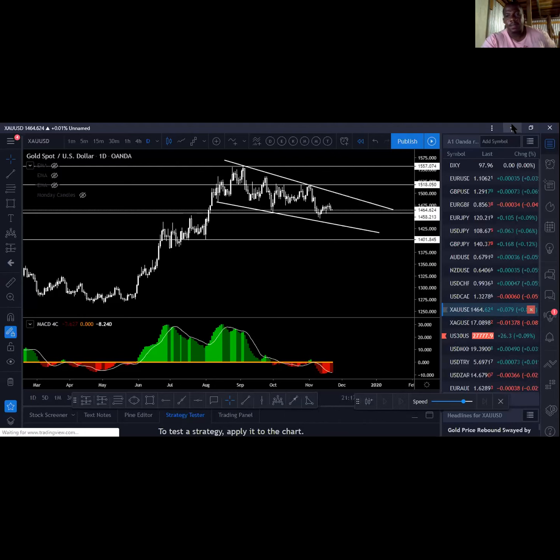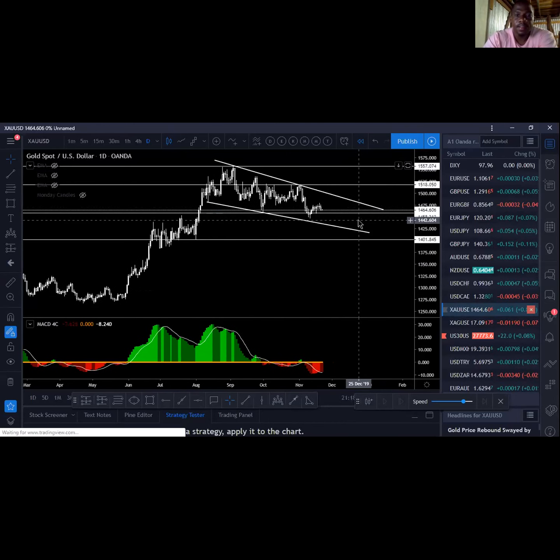And sometime later, we can look for a breakout and a continuation buy. So that's what we're seeing here on gold on the daily time frame. But remember, it's the daily, so it can take a while to play out. Eventually, we're looking for price to break out and continue in this buy.